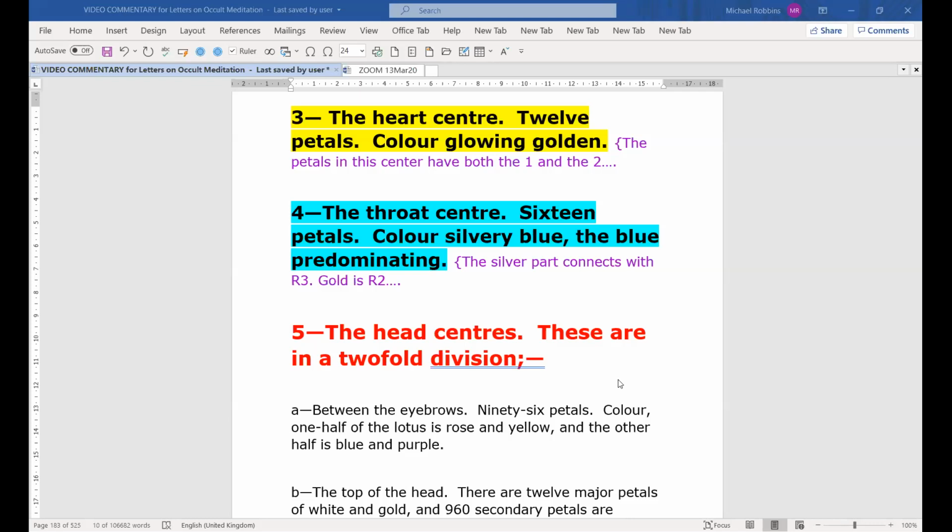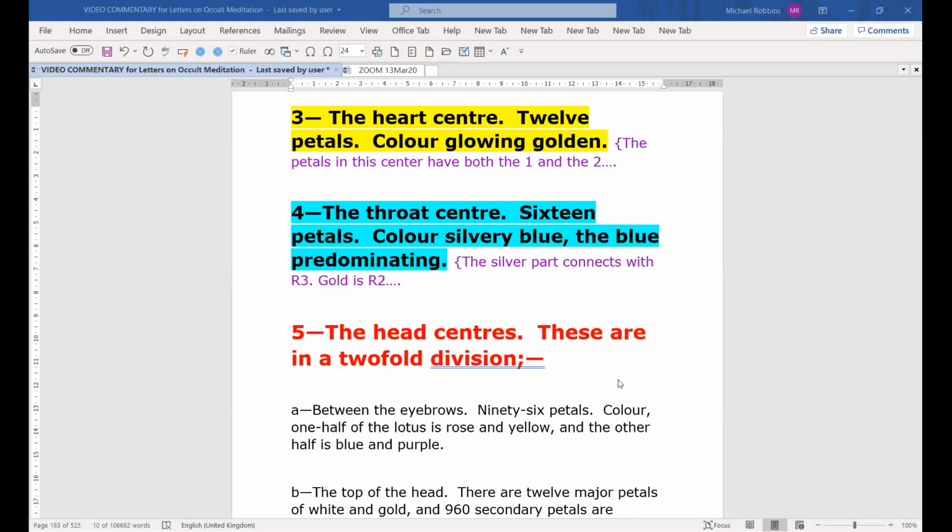And if we include the submonadic ray, which would be the 4th, yellow, we get the 10. And so it's interesting that the solar plexus, which is the 10-petaled center, is the solar plexus.